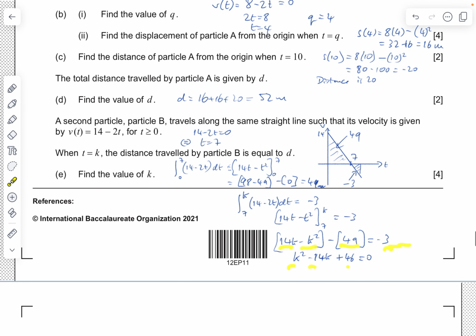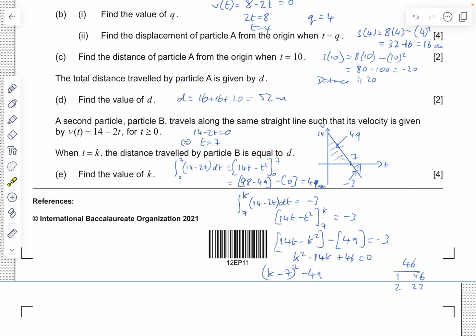Can I find solutions to that? So look for factors of 46, 1 and 46, 2 and 23. 3 doesn't go into it, 4 doesn't go into it. In fact, that's not very nice, so we don't have any nice answers. Let's complete the square. K subtract 7 all squared, subtract 49.